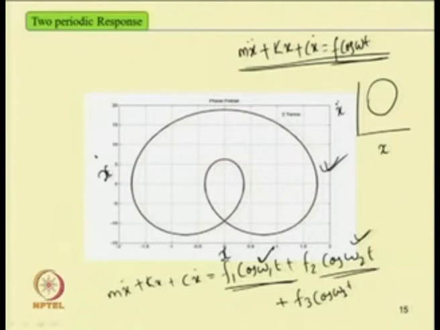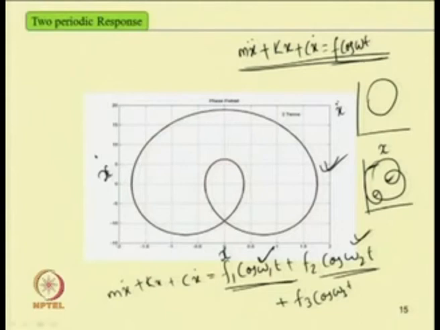we can obtain a response similar to this, which will contain three frequencies. We will have an outside loop, this is the second loop and this is the third loop. In the case of three periods, we will have these three loops.